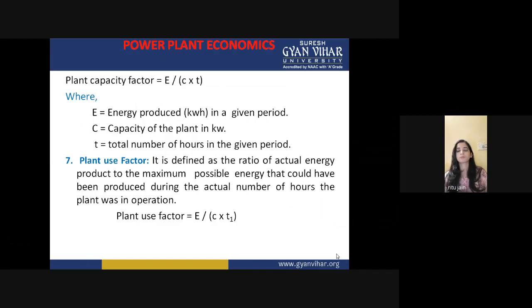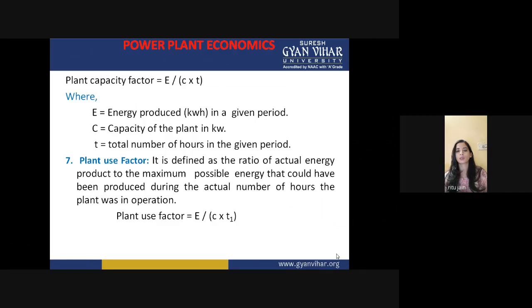Okay. So, plant use factor is defined as the ratio of actual energy produced to the maximum possible energy that could have been produced during the actual number of hours the plant was in operation.